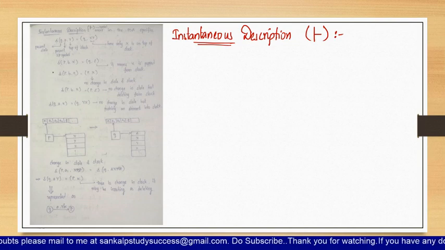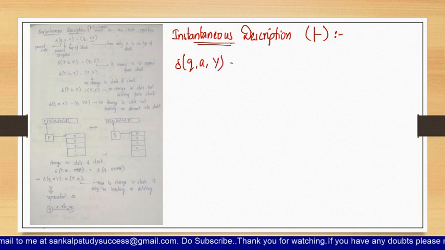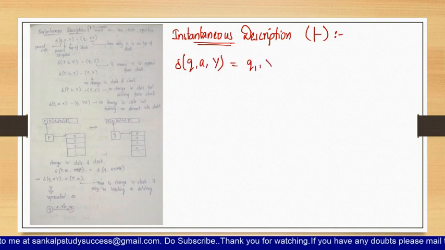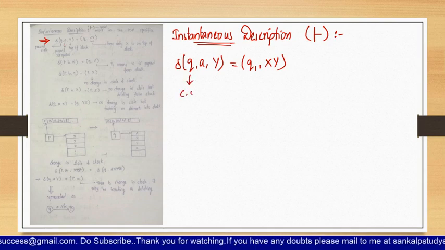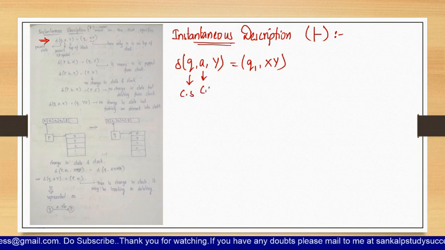So for example, let me take transition function of q comma a comma y. Then you are going to get q1 comma xy. If you observe this one, this is our current state, this is our current input symbol, and this is the top of stack, correct?